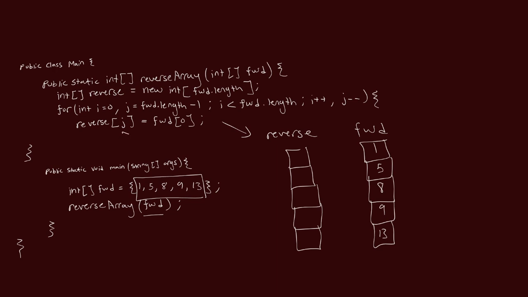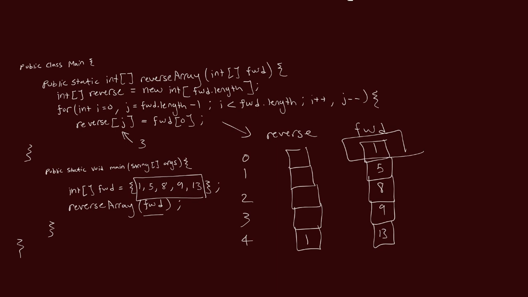So when we start this for loop, j is going to be our forward length minus 1. So our forward length is 5 minus 1, which is 4. Recall our index starts from 0, 1, 2, 3, 4. So we start from here, and we have this equal to our forward array at index 0. So this goes 1. Then it goes from 4 to 3.